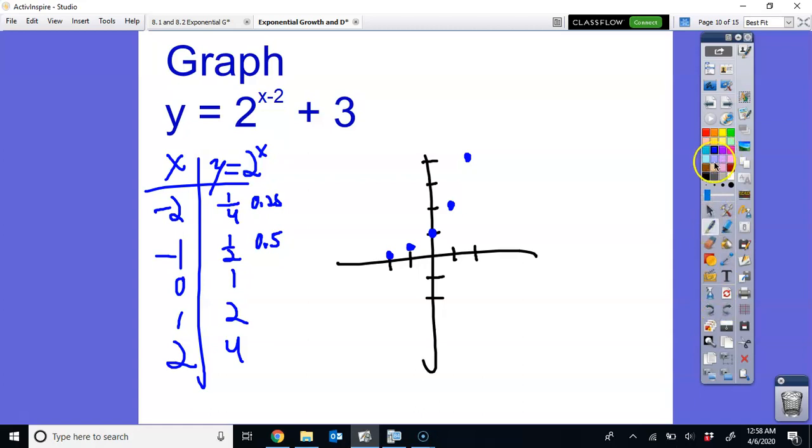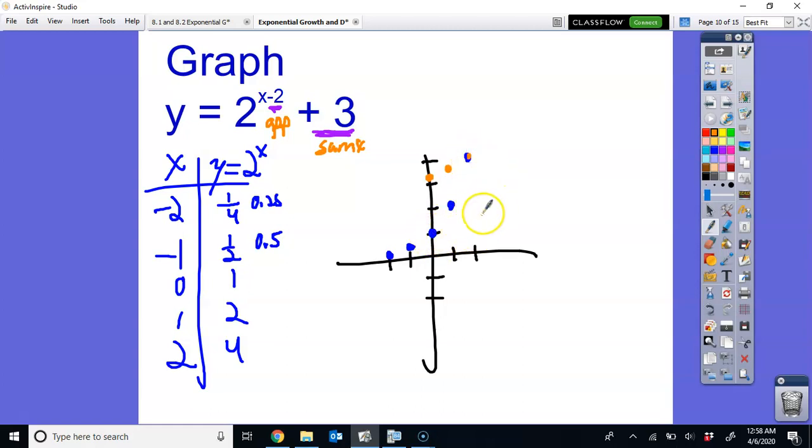This equation, though, has a -2 and a plus 3, that means if you take the opposite of this guy and the same as this guy and move every single one of those points right 2 and up 1, 2, 3, right 2, 1, 2, 3, right 2, 1, 2, 3.